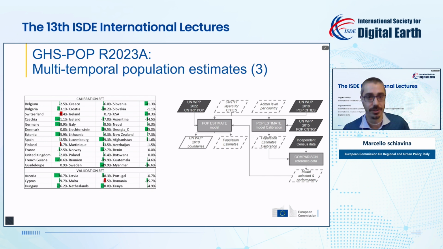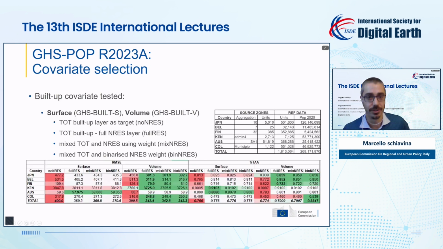We implemented a nonlinear rescaling based on the discrepancies in the two CSN census epochs, with parameters calibrated on a set of countries for which independent census data were available, plus a smaller set for validation. This table shows you the increased performance with respect to the standard CSN exponential model that was the baseline, basically, of previous GHS POP grids and other population grids produced by other groups.